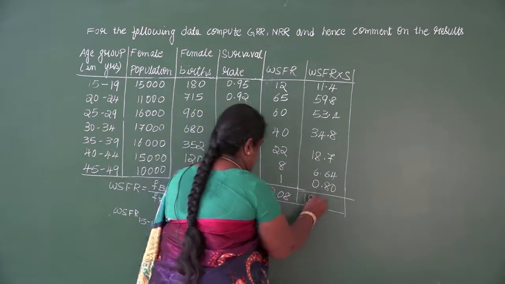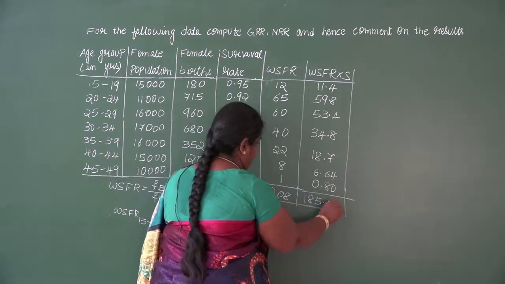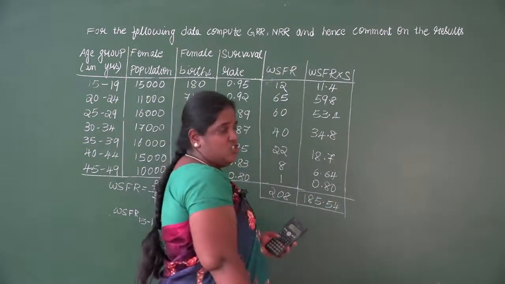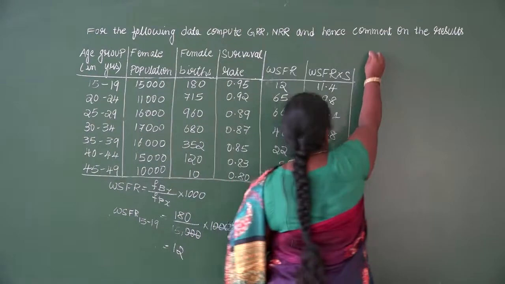We'll get 185.54. Then calculate GRR and the NRR value.